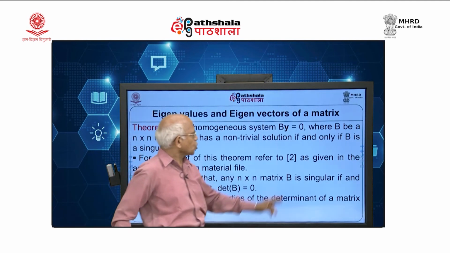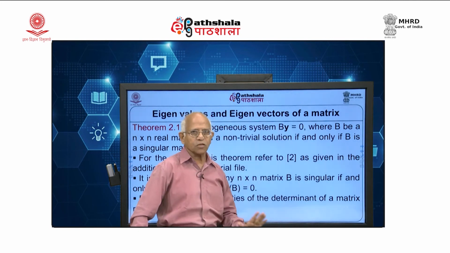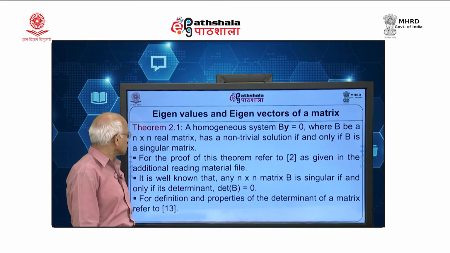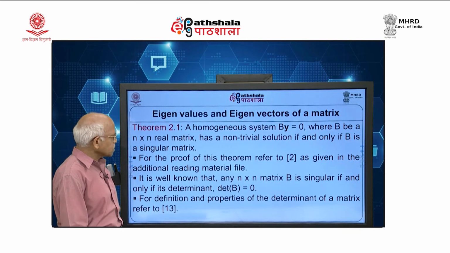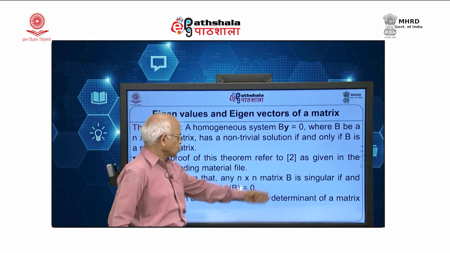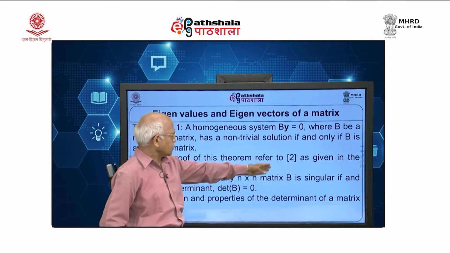So, if B is a non-singular matrix, there will be only the trivial solution, but if B is singular, it will have a non-trivial, that is non-zero, solution. For the proof of this theorem, you can refer to the books given in our additional reference material, reference number 2.